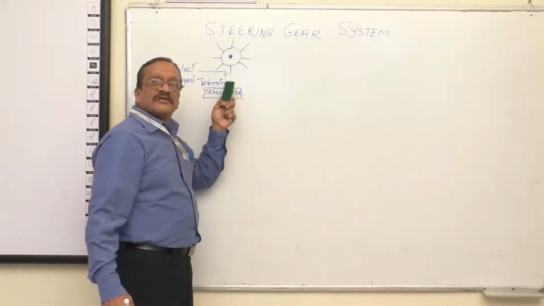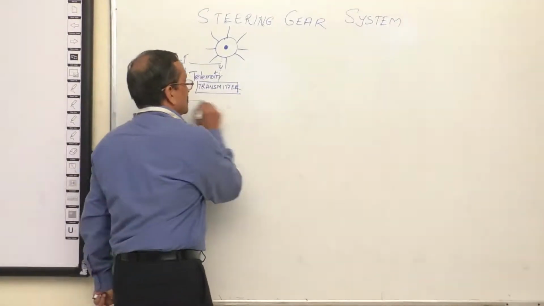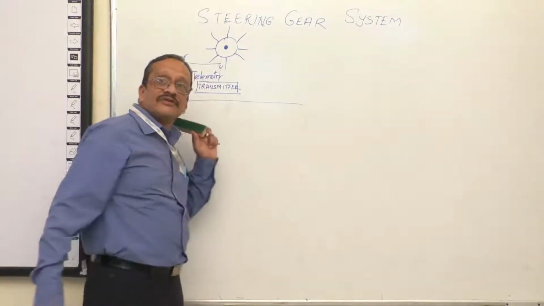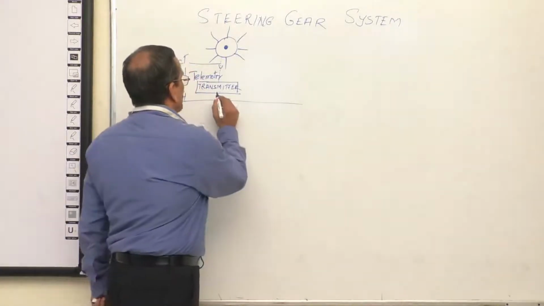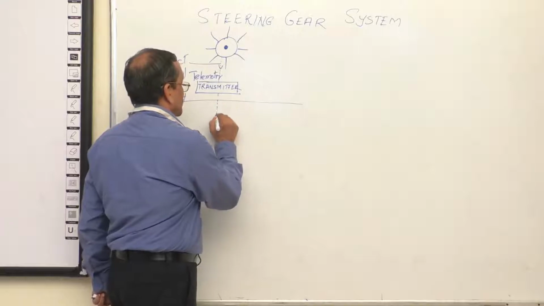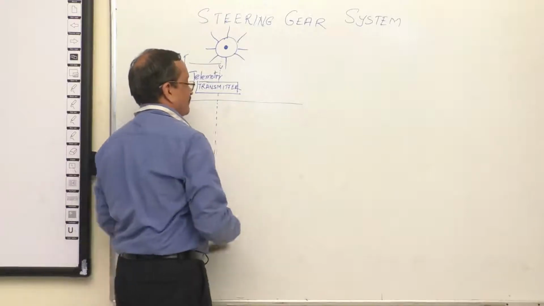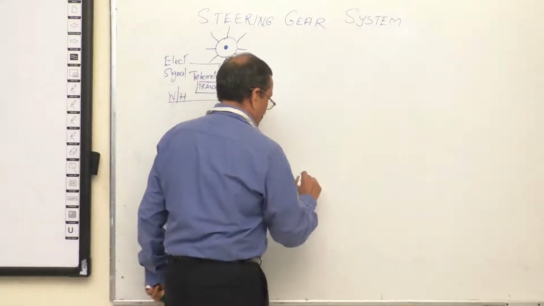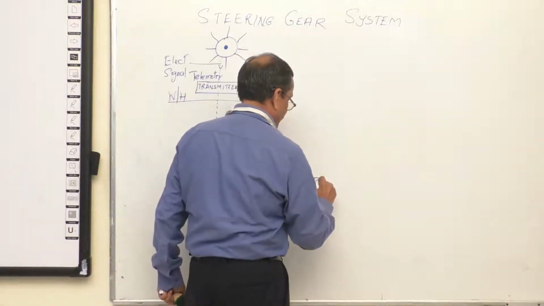Now this is located in your wheelhouse. WH is the wheelhouse. From here, this transmitter is going to send the signal to the receiver.